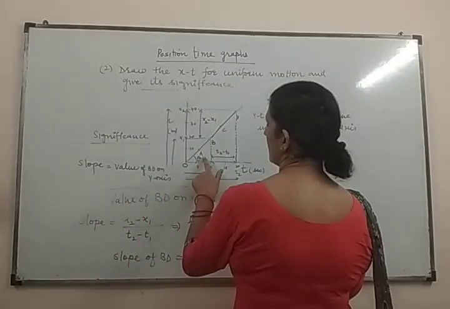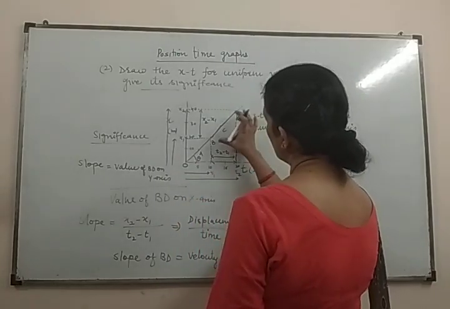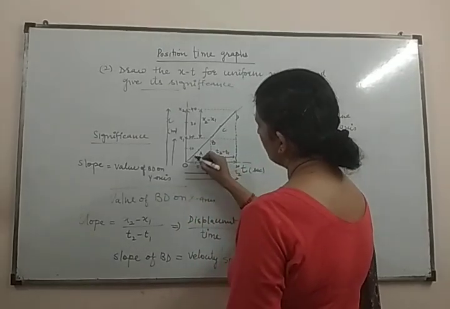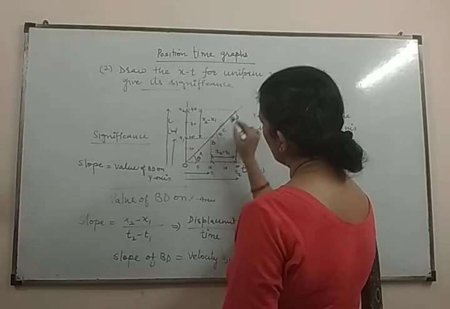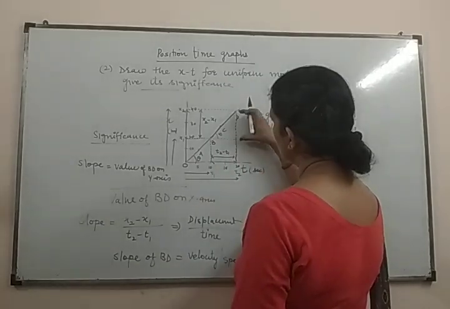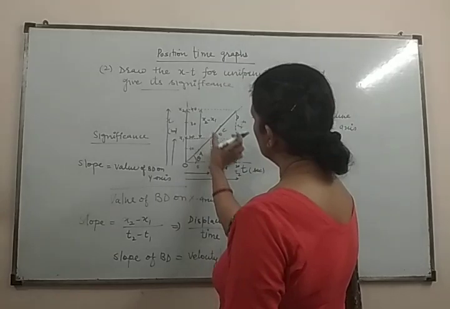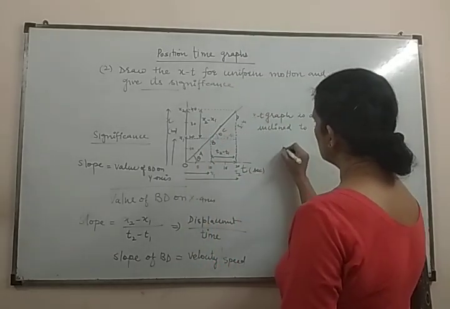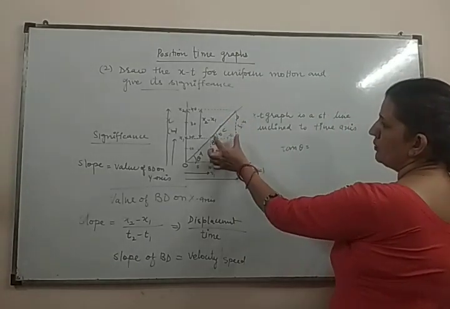If it is inclined at an angle theta, we can also find the value on y-axis. Suppose you are having this triangle. If this angle is theta, this angle is also theta because these two parallel lines are there and this is the transversal line. So this value on y-axis is x2 minus x1, this value on x-axis is T2 minus T1. So what is tangent theta? Tangent theta is perpendicular by base.